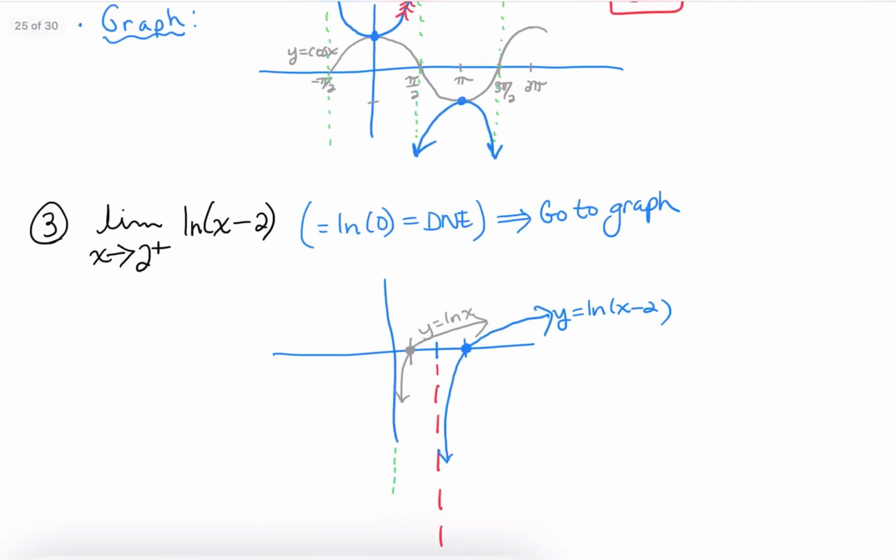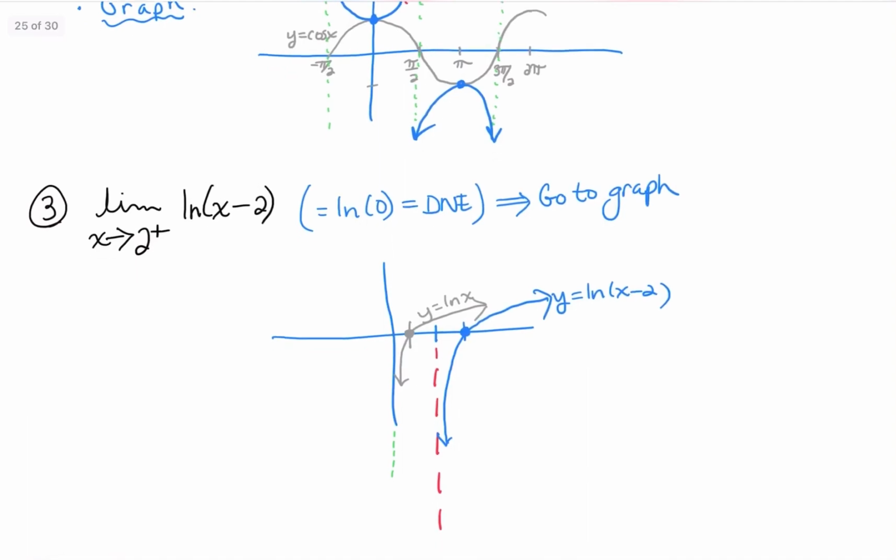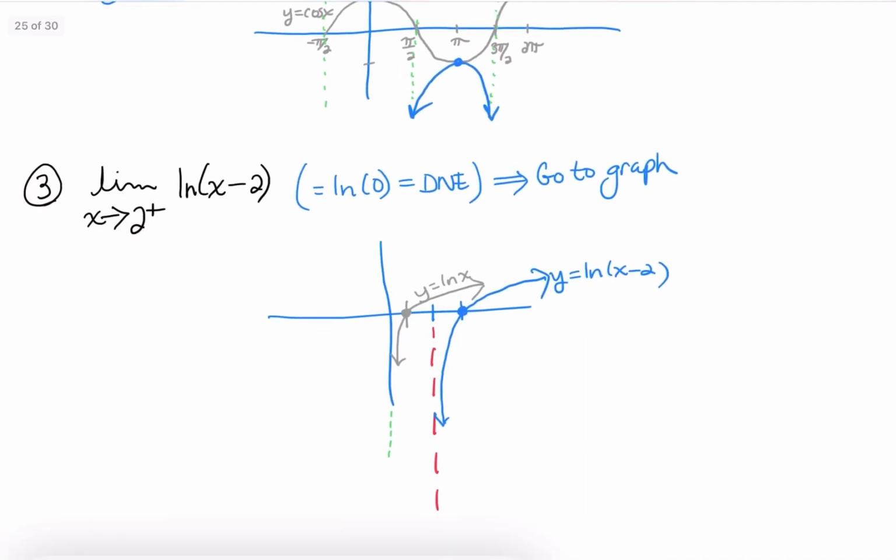All right, so if you think about your limit here, getting closer and closer to 2 from the right, as I approach 2 from the right, these values are going to negative infinity.